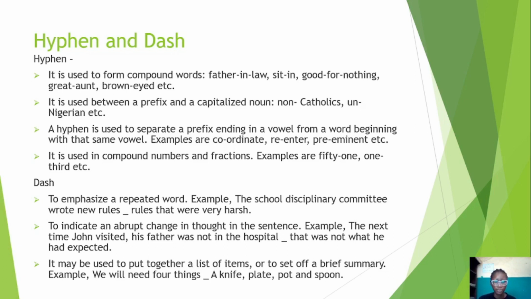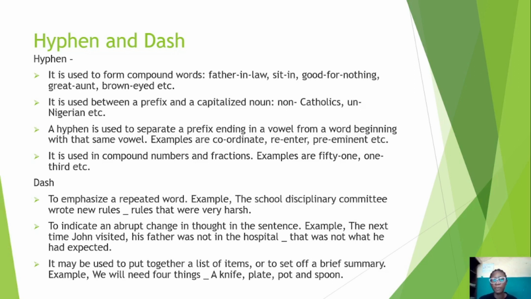take-off. We also use hyphen between a prefix and a capitalized noun. So we see non-Catholics, un-Nigerian, un-African, and so on. We also use hyphen to separate a prefix that ends in a vowel from a word that begins with that same vowel.